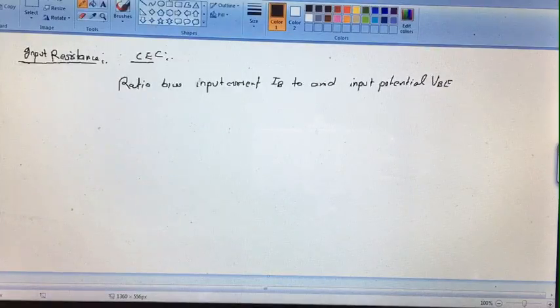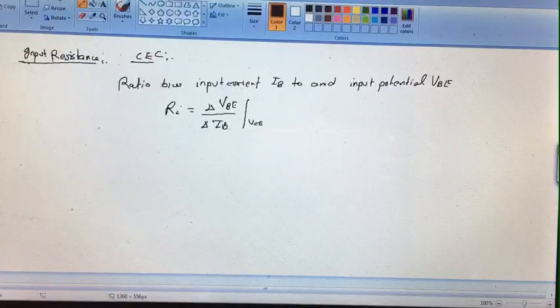But this is resistance, so that's why the ratio will be VBE upon IB. R input is equal to del VBE upon del IB at constant collector emitter voltage.